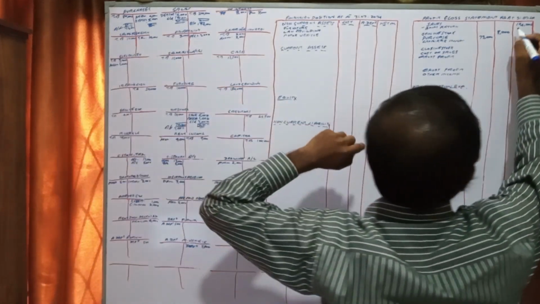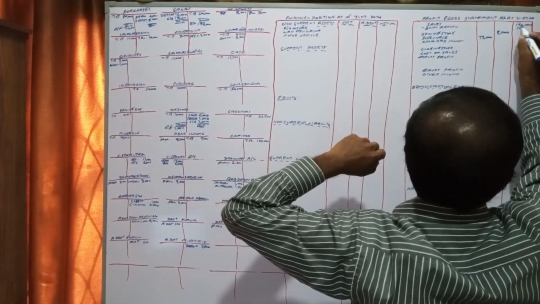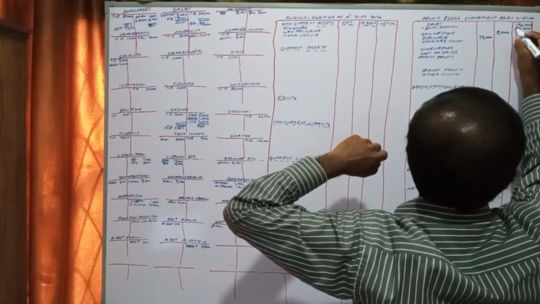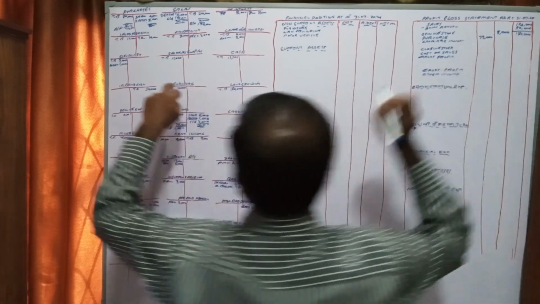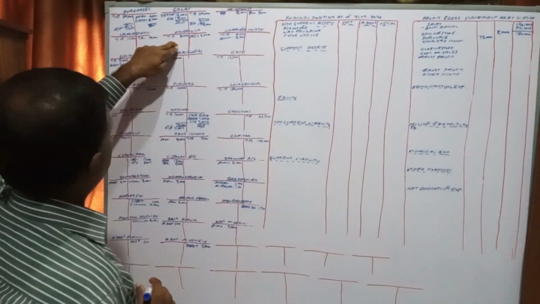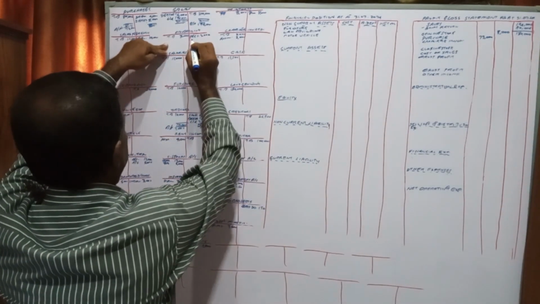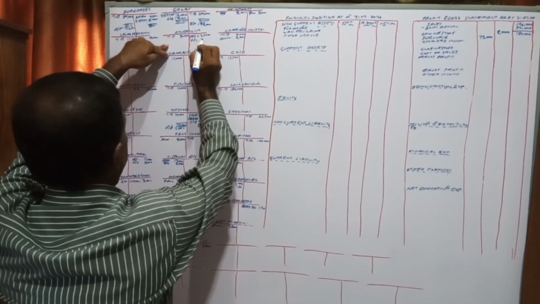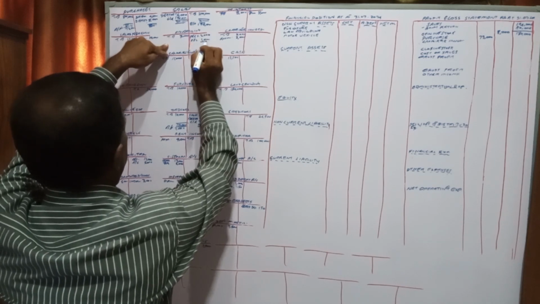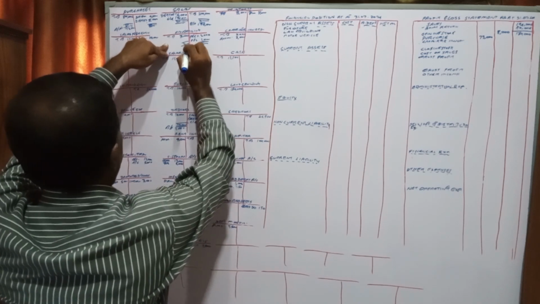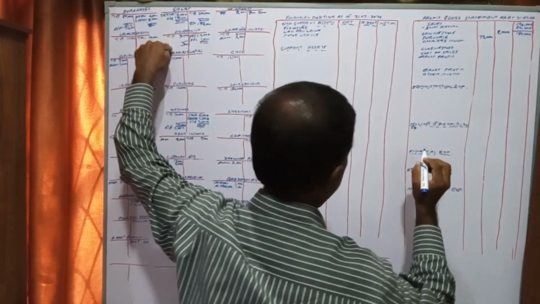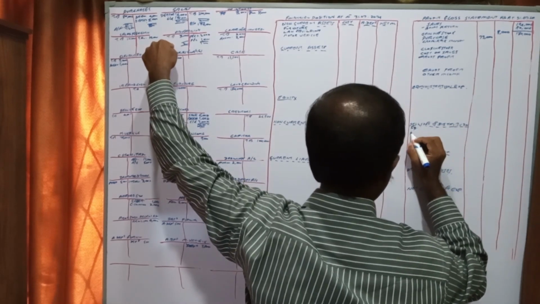Sales return 10,000. Yes, then 184,000, right? And advertisement expenses P&L 3,000.